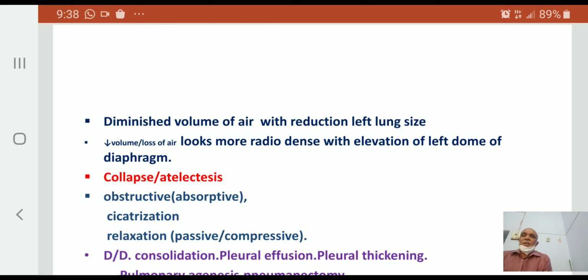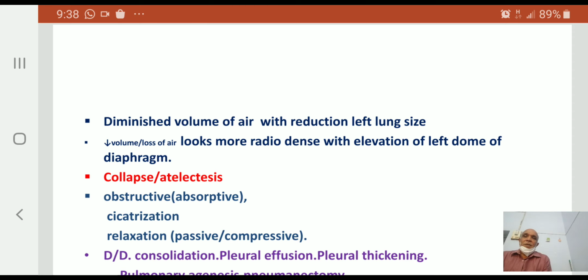Now in the case of a lesion in the pleural space, commonly one is effusion, second is pneumothorax. In both conditions, the lung is relaxed, so it is considered relaxation or passive or compressive type of collapse.